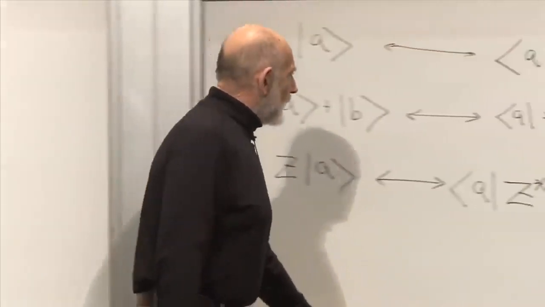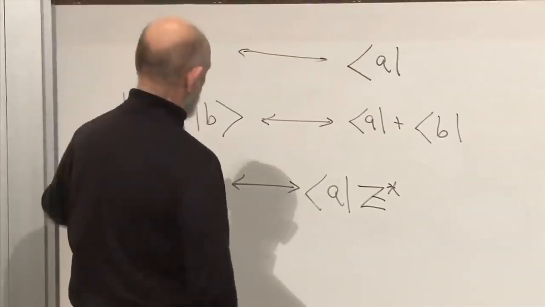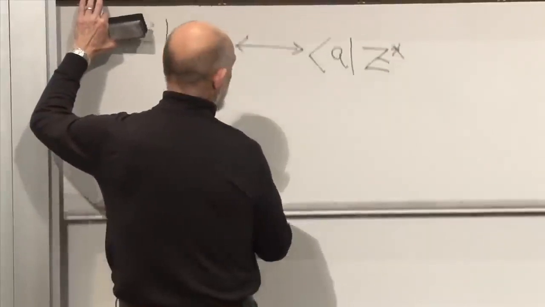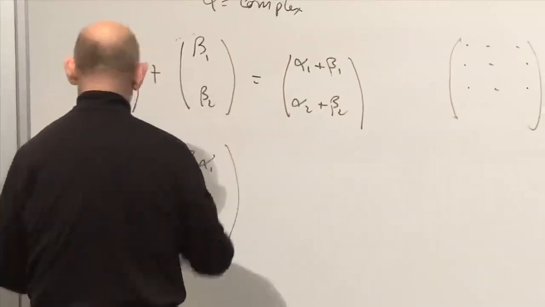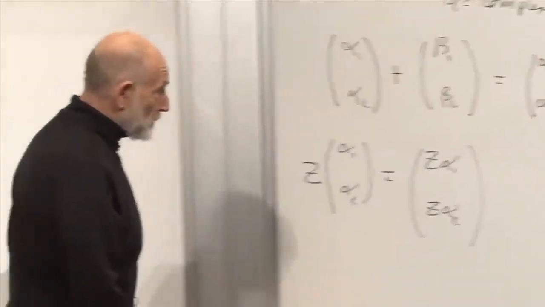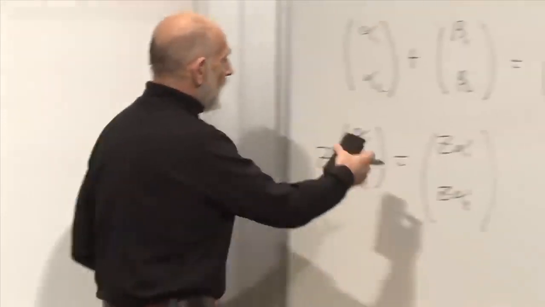Okay, so let's come back now to this concrete, non-abstract representation of the complex vector space. Here we have a vector.